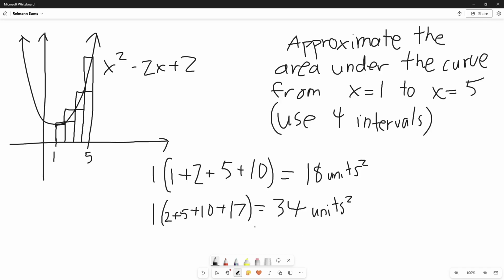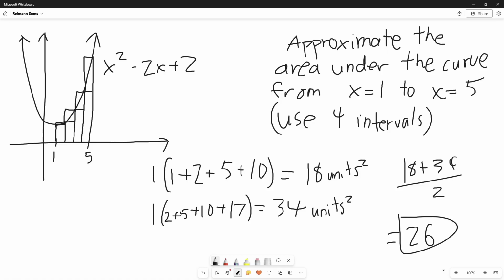And yeah, coincidentally, these are the same numbers as our first problem. And to find our trapezoidal sum, we add these together, 18 plus 34, and divide by 2, and we get 26, whatever our units are. So yeah, 26 units squared, or whatever the units are for your problem, is going to be the answer.